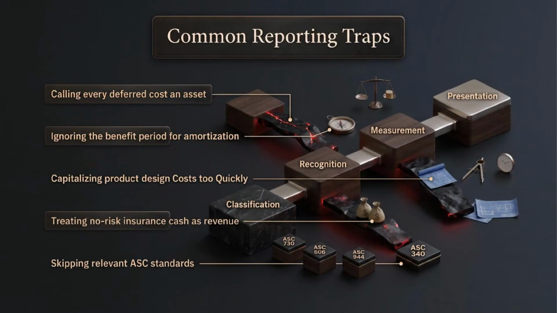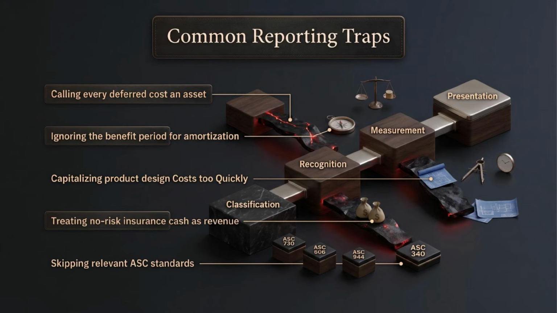First, do not call every deferred cost an asset. A cost needs future benefit, control, recovery, and support from the applicable ASC. Second, do not ignore the benefit period for amortization. Third, do not capitalize product design costs too quickly. Fourth, do not treat no-risk insurance cash as premium revenue.